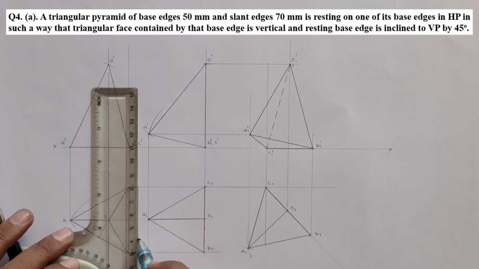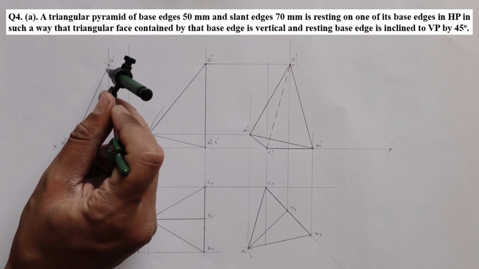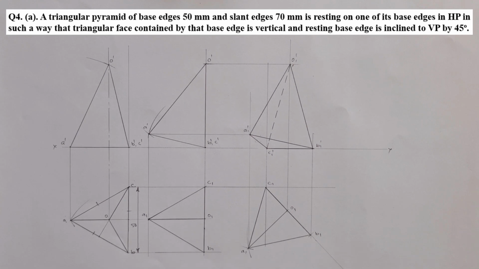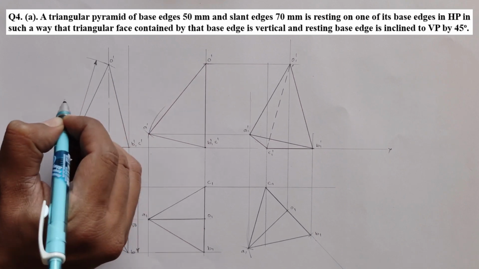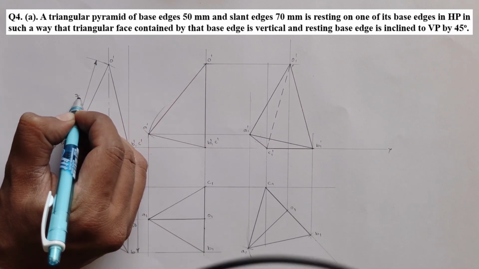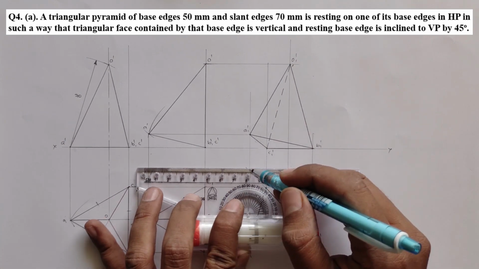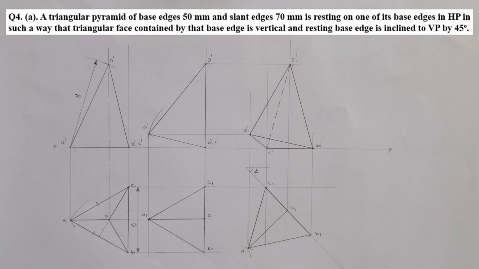Now you have to give the dimensions. It's 50 mm, all three sides. Then there is the slant edge. Whatever dimensions are given, we just show the same in our solution. So this is the slant edge, which is 70 mm. The angle here is also given, you can show it. So this angle is phi. This completes the solution.